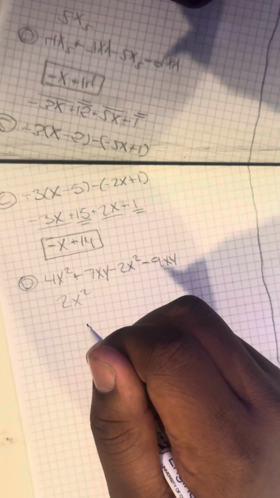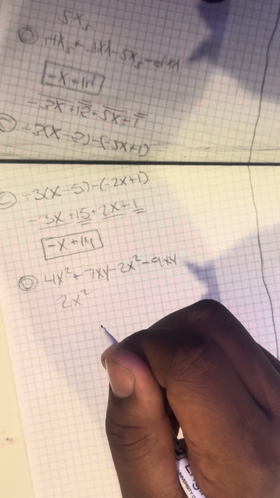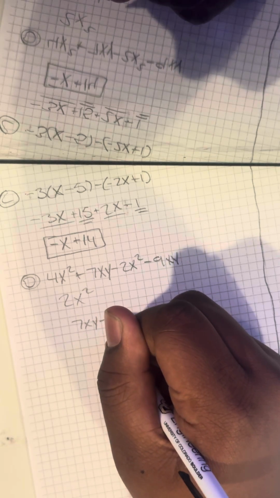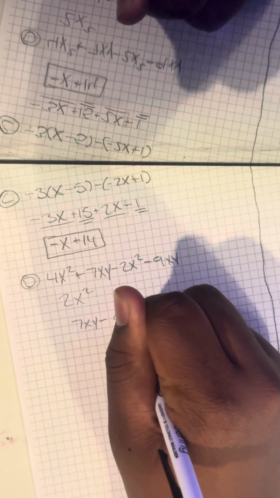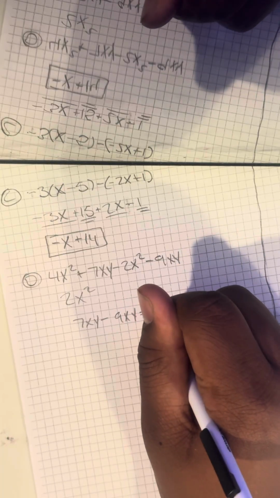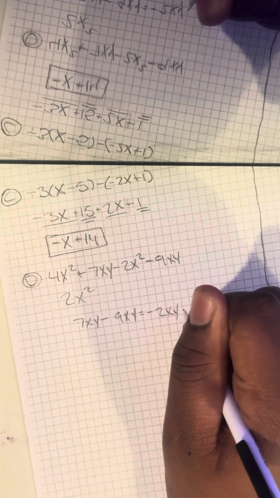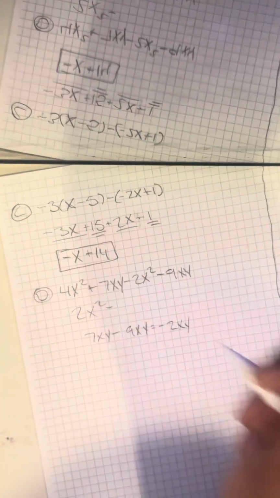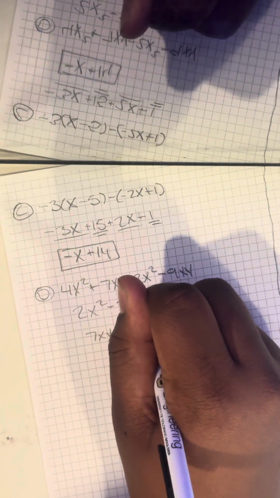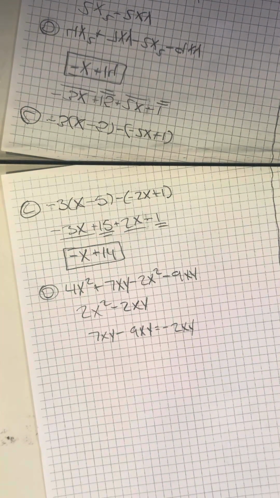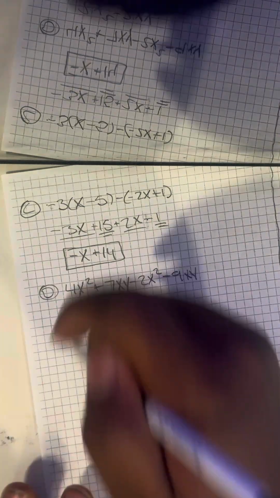Next, we have to combine the xy terms, which is 7xy minus 9xy, which gives us negative 2xy. Our final answer would be 2x squared minus 2xy.